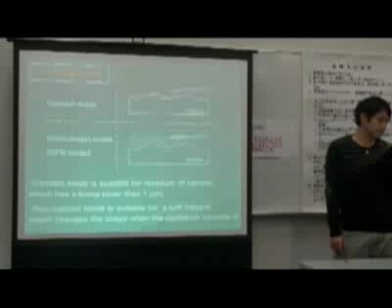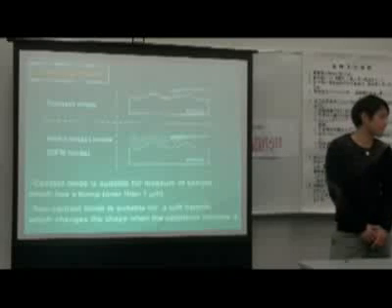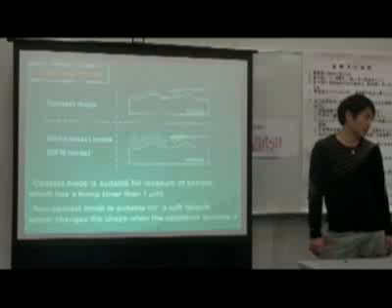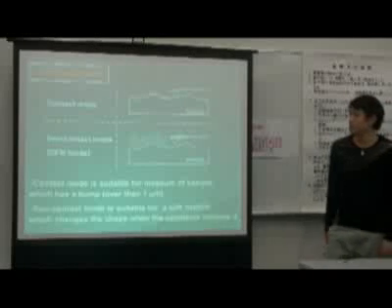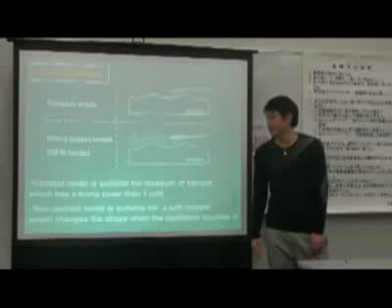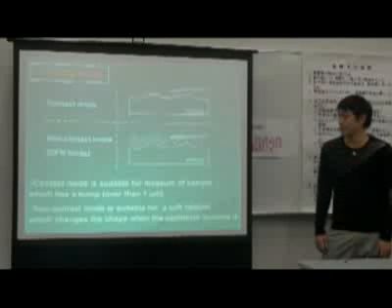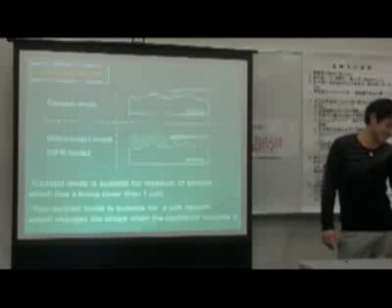It scans the sample surface while exciting the cantilever. Each characteristic is: contact mode is suitable for measuring a sample which has bumps. Meanwhile, non-contact mode is suitable for a soft sample, which changes shape when the cantilever touches it.